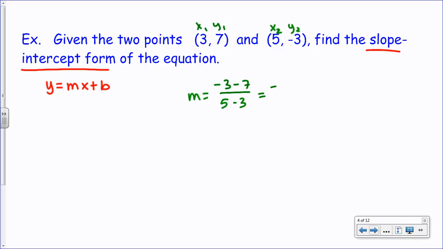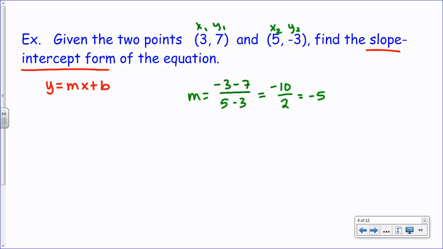So that's -10 over 2. Okay, -10 over 2 is -5. We all get that?